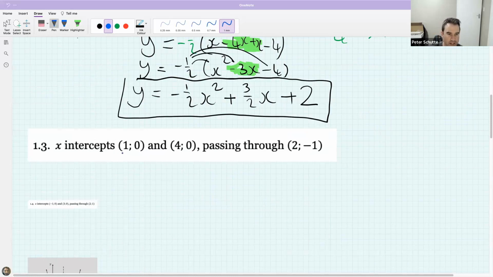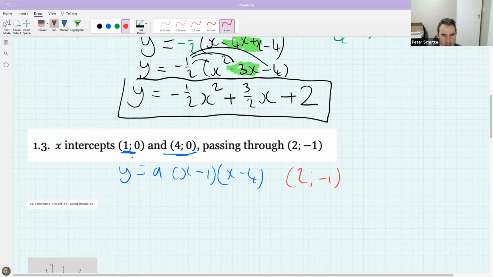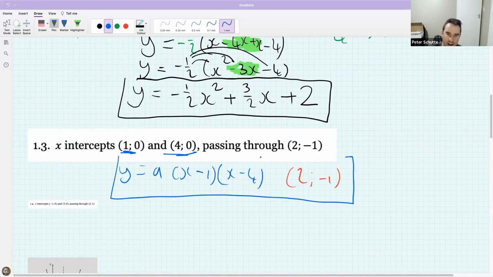All you do here is, if they tell you the intercepts in that form, you know that it must be x minus 1 times x minus 4, and then that point has to get subbed in to find a. Give me a thumbs up if you understand how the method would still work fine in this scenario.